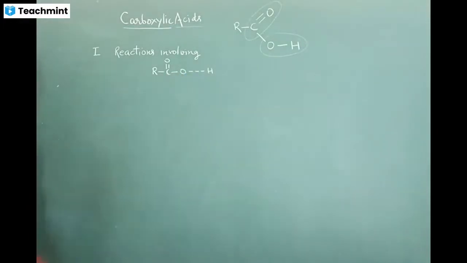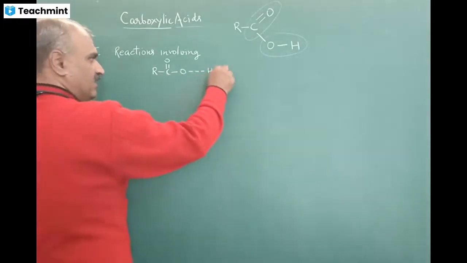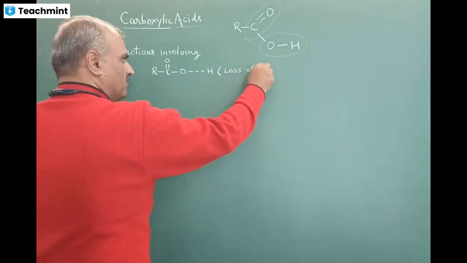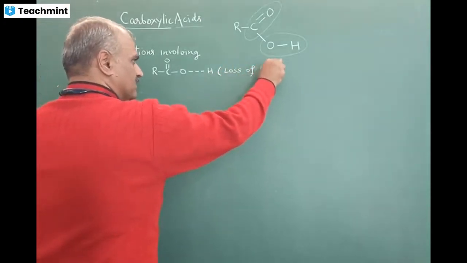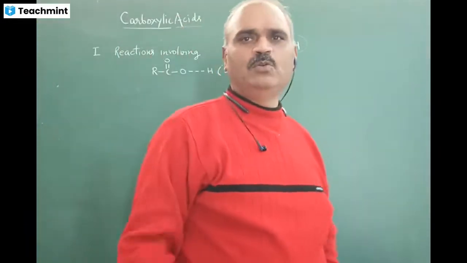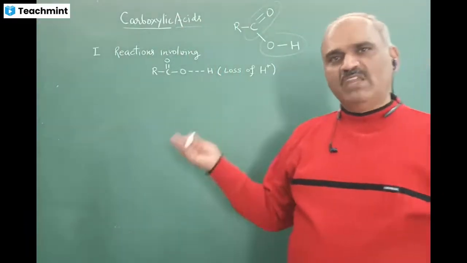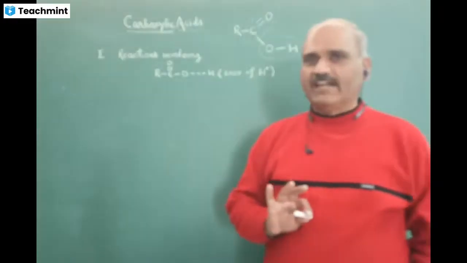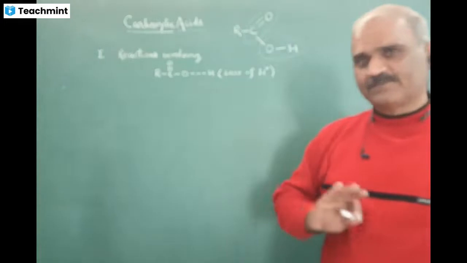This OH bond will get dissociated and loss of H plus will take place. Carboxylic acids will lose H plus, meaning these will behave like acids. So these are the first category of chemical reactions.